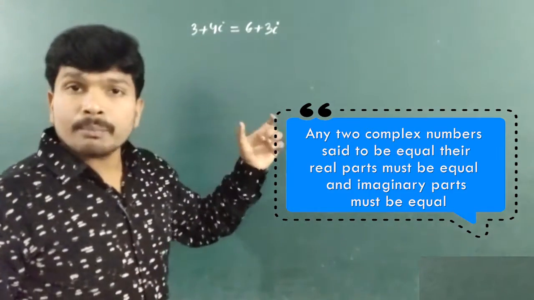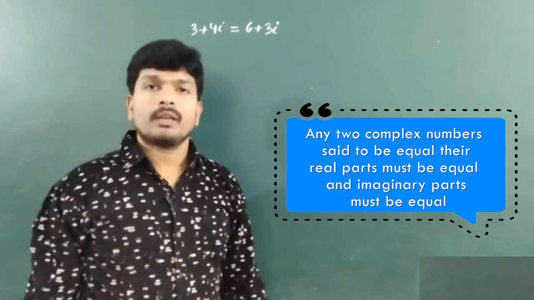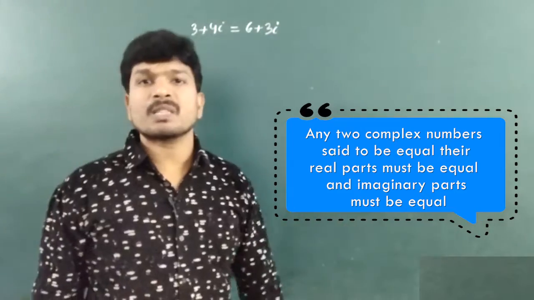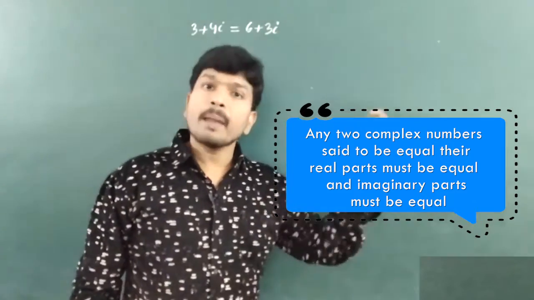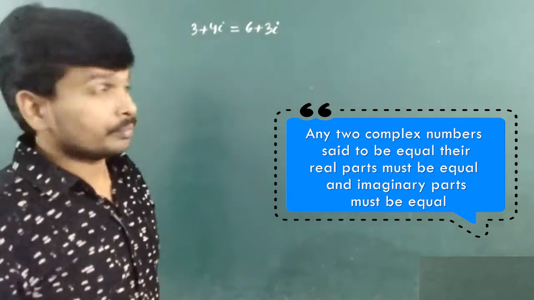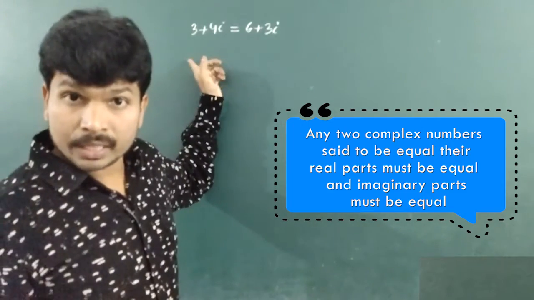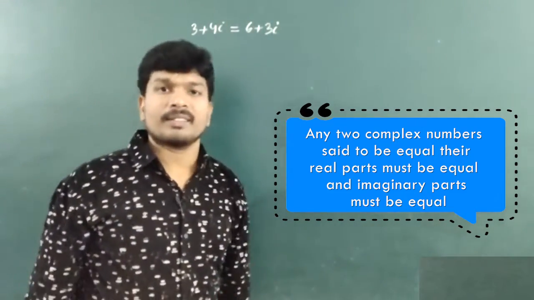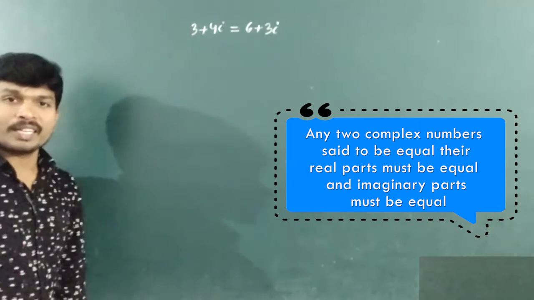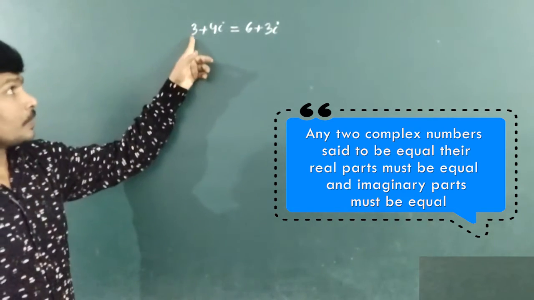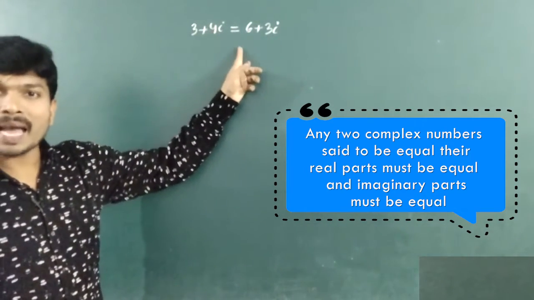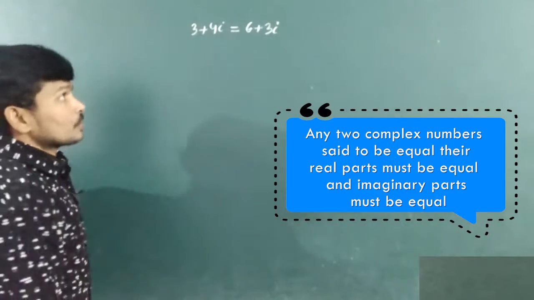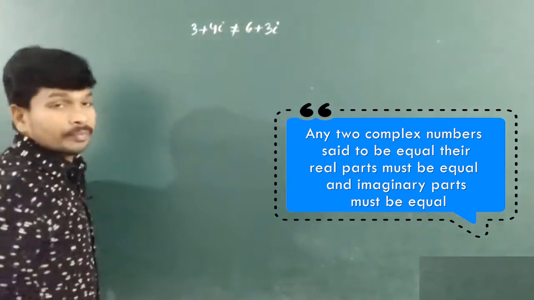Any two complex numbers are said to be equal if their real parts are equal and imaginary parts are equal. Now determine whether these two complex numbers are equal or not. Both are not equal because real parts are not same, imaginary parts are not same. So that's why these two are not equal.